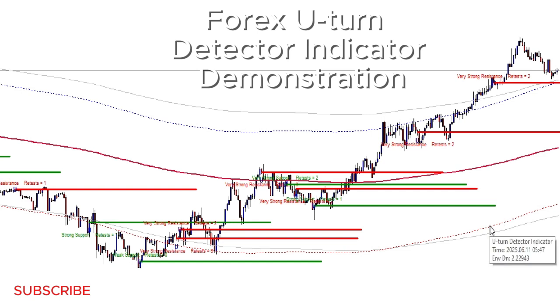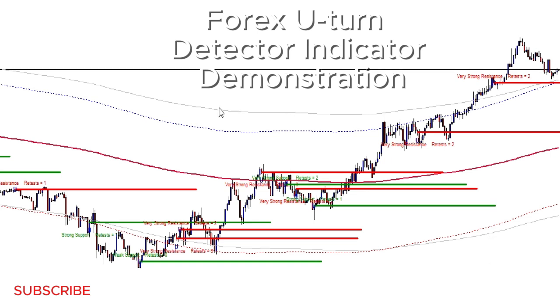This upper dotted line is the upper line of the envelope, and this red dotted line below is the lower line of the envelope. Also, we have this silver line, upper line, this one here.